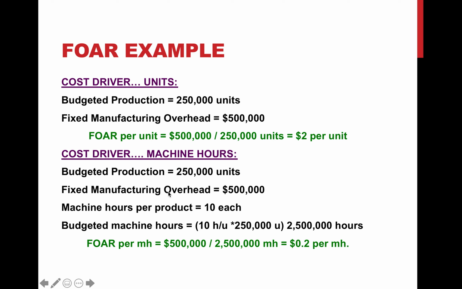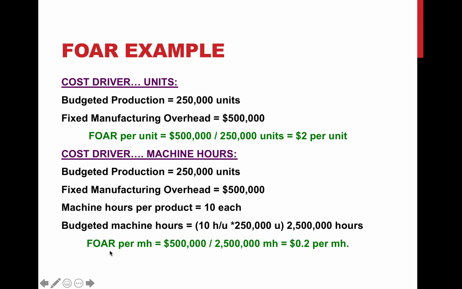If your cost driver is machine hours, you again have the budgeted production of 250,000 units. Your fixed manufacturing overhead is still $500,000, and your machine hours per product is 10. You are using 10 hours per product to be produced. So what are your budgeted machine hours? It is 10 hours per unit times 250,000 units, which gives you 2.5 million hours.